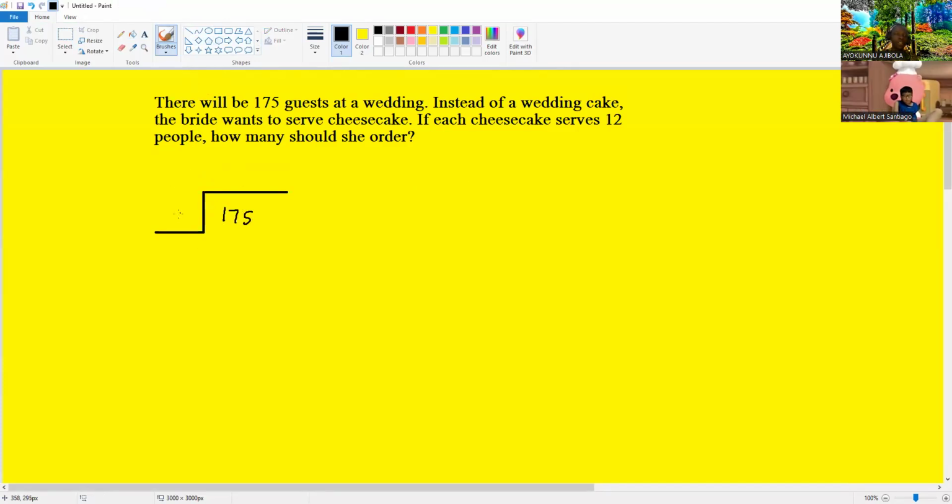Make sure you're concentrating. Can 12 divide 1? No. 12 into 17 is 1. 1 times 12 is 12.